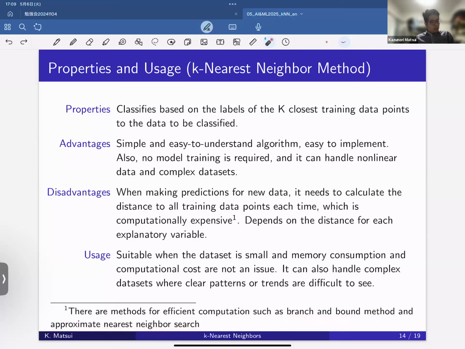Since we haven't yet introduced other methods, it's difficult to discuss when to use which technique, but we can say that the nearest neighbor method is suitable when the dataset is small and memory consumption or computational cost isn't an issue. Another advantage of the k-nearest neighbors method is that it can handle complex datasets where a clear pattern or trend is difficult to see.